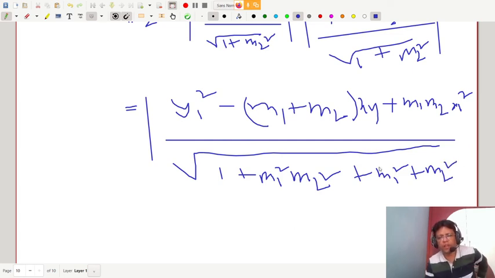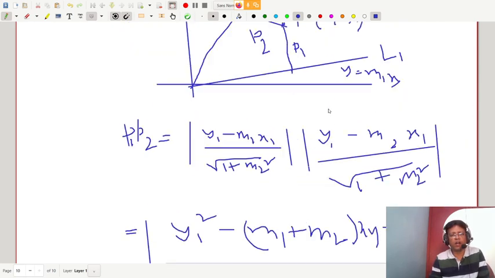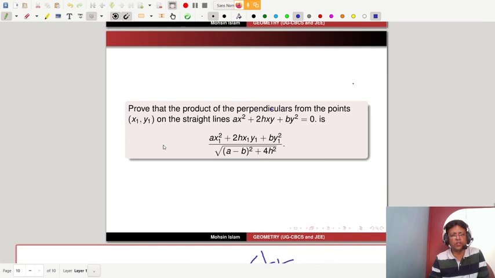If you multiply and expand and simplify, using the formulas for a square plus b square, you will get the result. What is the result? The result is here in the theorem.